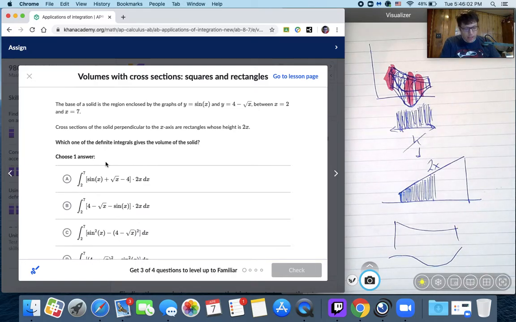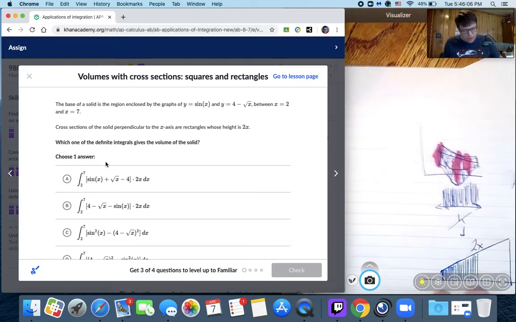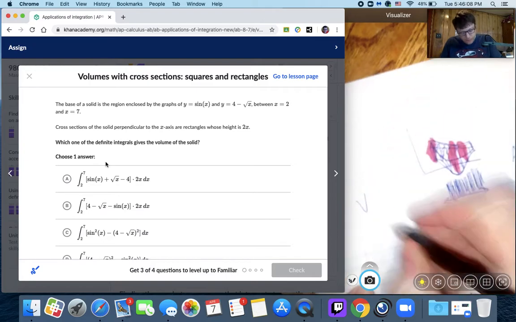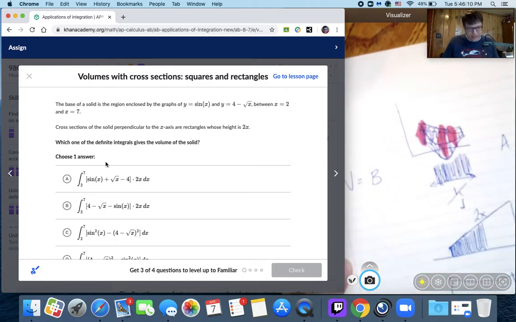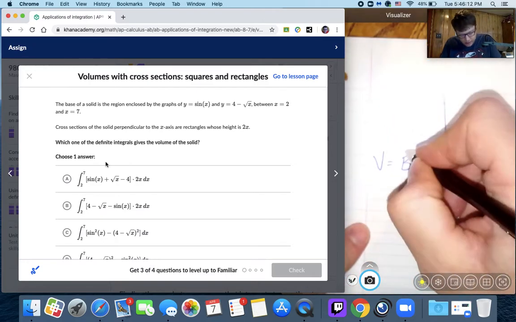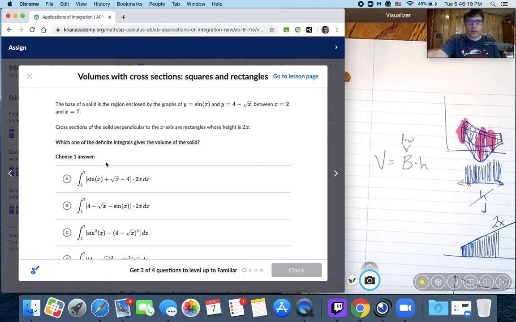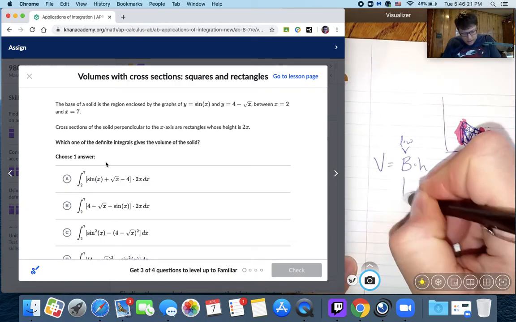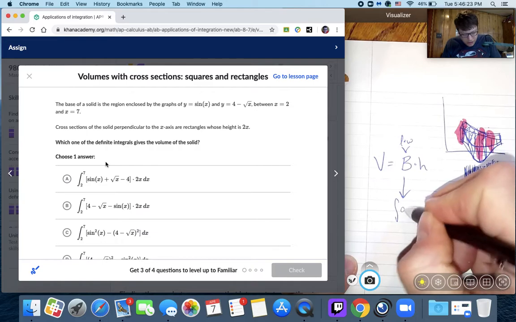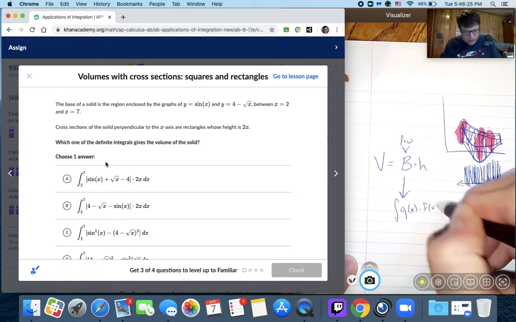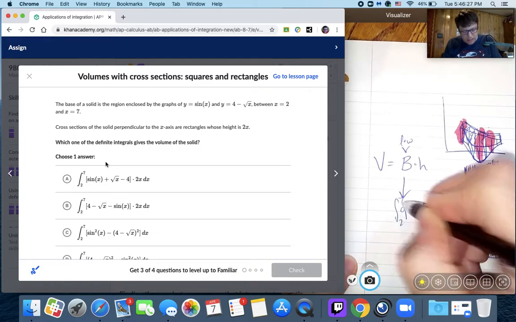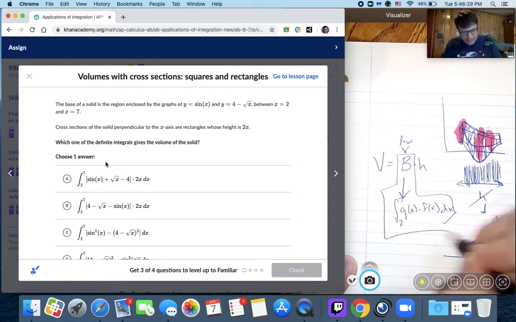Remember this though, the volume is the area of the base, as in length times width, times height. And from the formula, if I take the integral from g of x to f of x, again using my Desmos notation, from 2 to 7, this is my base area.